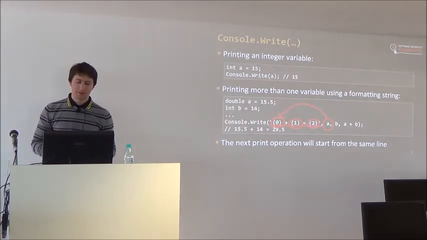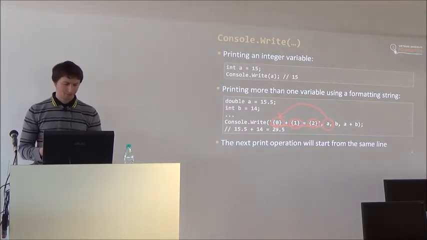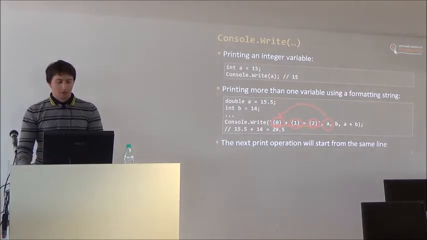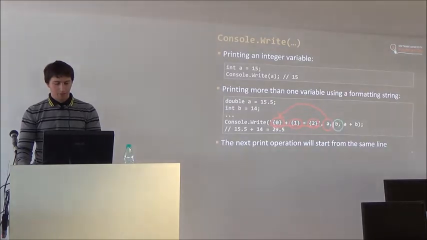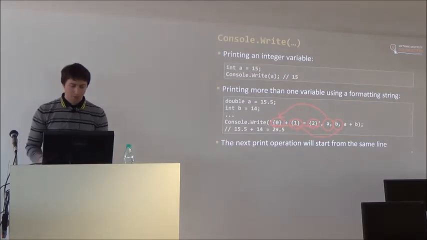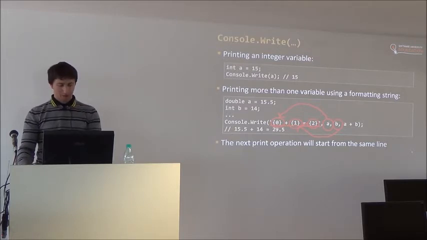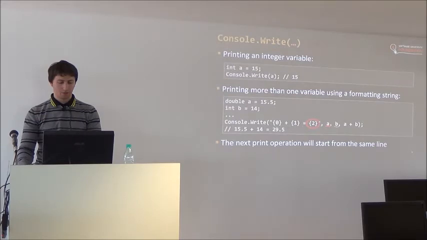In this case, it will be replaced by 15.5 because it's a double value. Whenever you put 1 in your code, it will be replaced by B, which is 14 in this case. And wherever you put 2 in your code, well, it's getting a bit messy now. So whenever you put 2, it's associated with the second argument, and we start reading 0, 1, and this is our second argument.